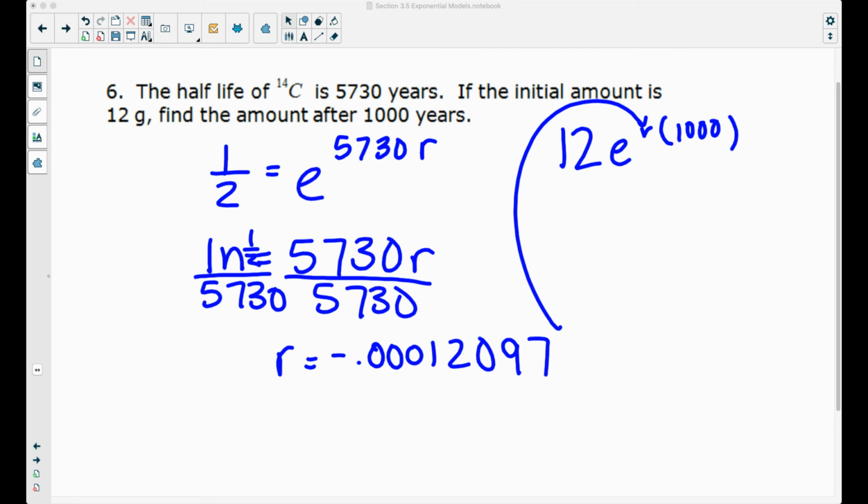I have natural log of 1/2 divided by 5,730. And then now I can do 12 times e raised to my answer times 1,000.